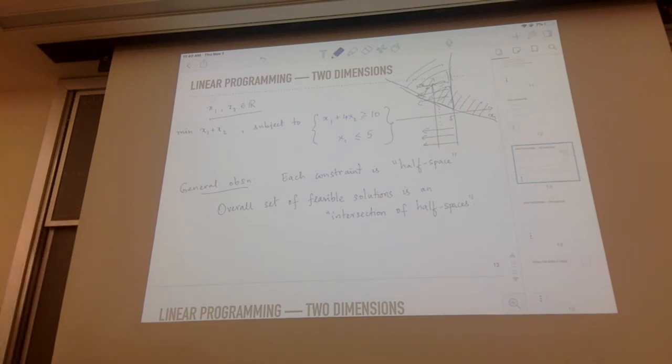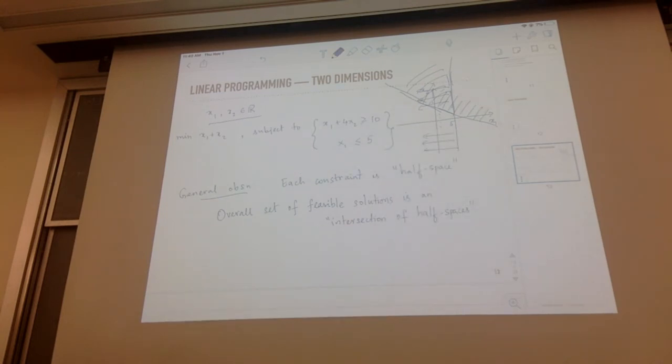Once you've committed yourself to the smallest x1, it's like doing some kind of a greedy optimization. So maybe the x2 you get is not as good as the x2 you might have got with a different x1. I can give an example of this.